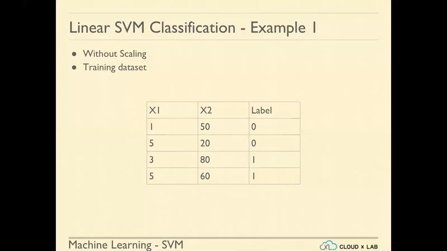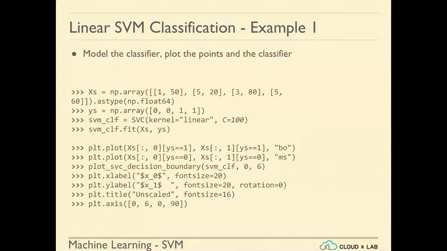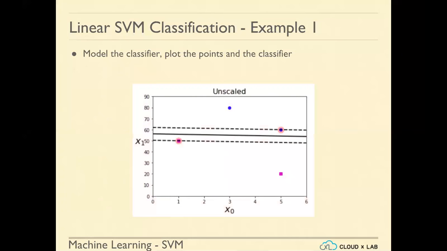So we are going to convert the data set between 0 and 1. Let's take a look at this data set. We have x1 feature and x2 feature and label 0 and 1. And if we draw this, this is how it is going to look.